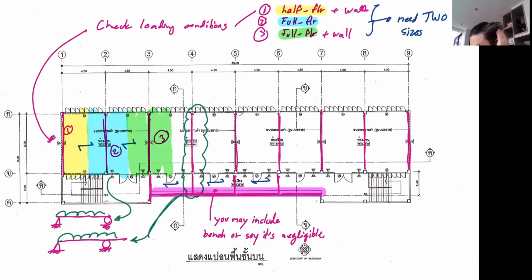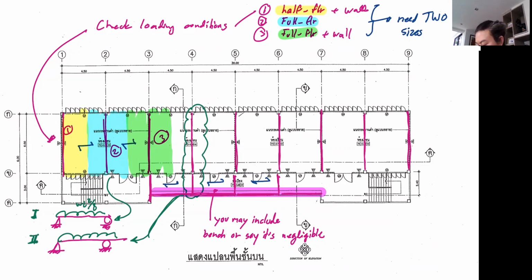Now this case with Roman numeral number 1 here will give you the greater moment, right? Because this moment is going to be WL squared over 8. Meanwhile, when you have the cantilever, the presence of the negative moment will reduce the positive moment in the case of Roman numeral number 2 here.